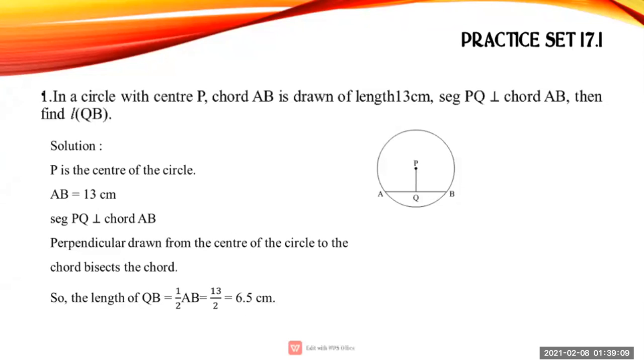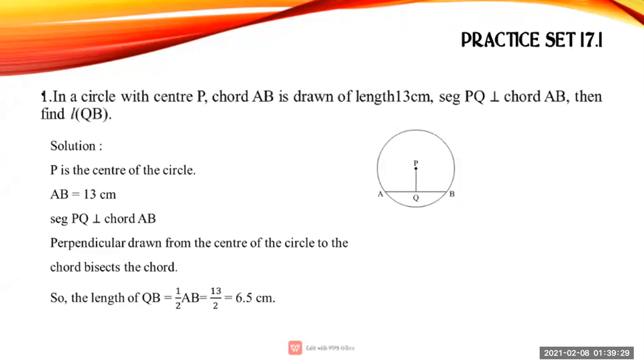In a circle with center P, chord AB is drawn of length 13 centimeter. Segment PQ is perpendicular to chord AB. Then find the length of QB.